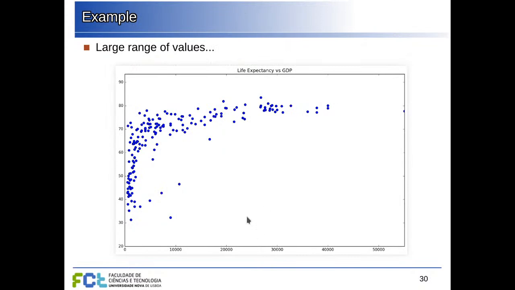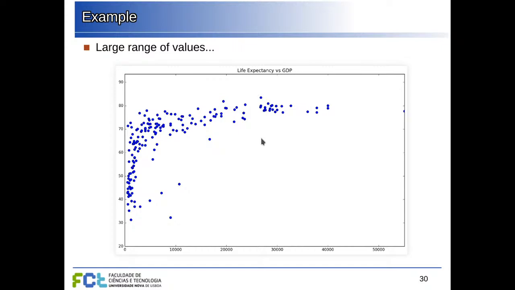One problem that we usually have to solve in practice is the range of values. Note that per capita GDP can go very high, to 60,000 or something like that, and life expectancy is in the range of about 30 to 80 years. So we have very different scales here, and also potentially large values.